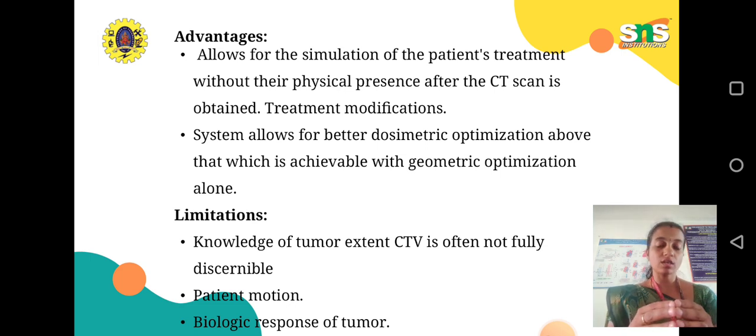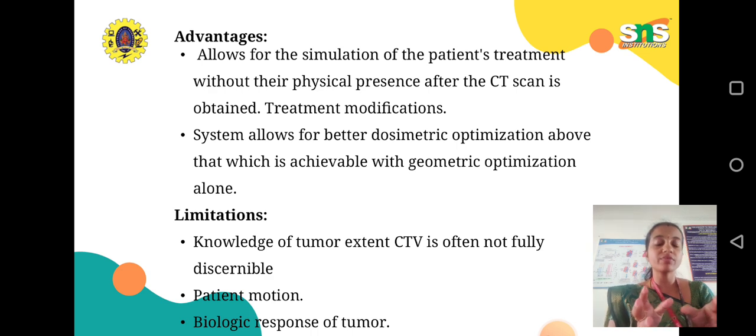What are the limitations? Knowledge of the tumor's extent, the CTV, is often not fully discernible. Patient motion: since it is similar to CT, the patients cannot stay for a longer time during the therapy procedure, so we will have some disturbances or movement.